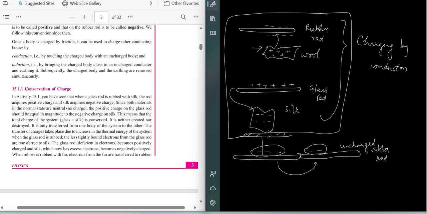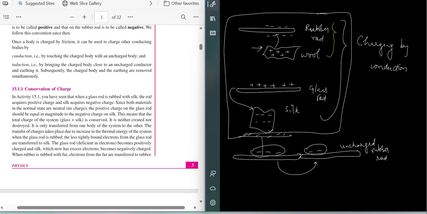Wool also had negative and positive charges equally, so it was neutral. When we rubbed, some of the negative charge on the wool transferred to the rubber rod. But if we consider rubber rod and wool as a system, the total charge remains the same.